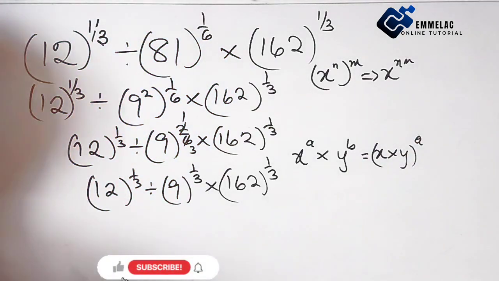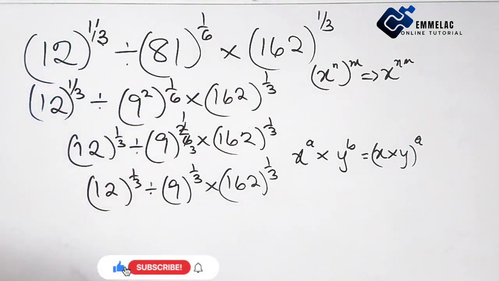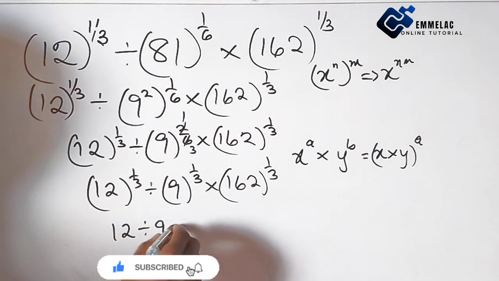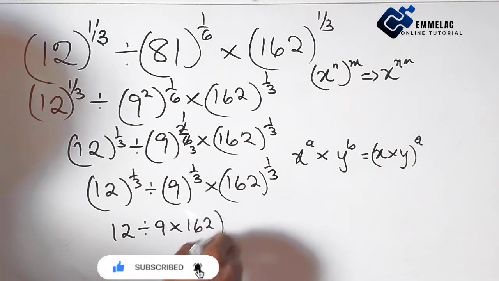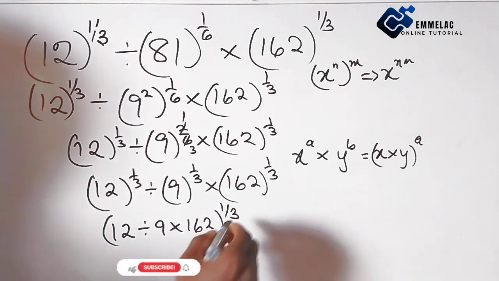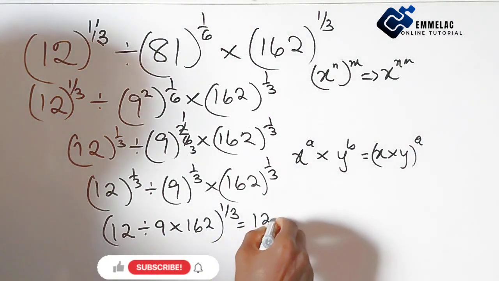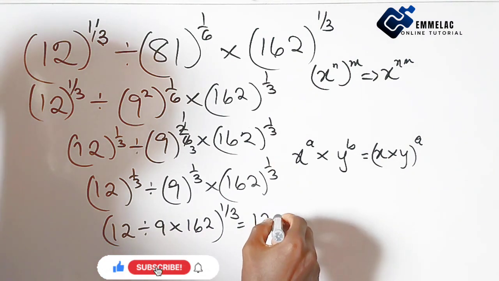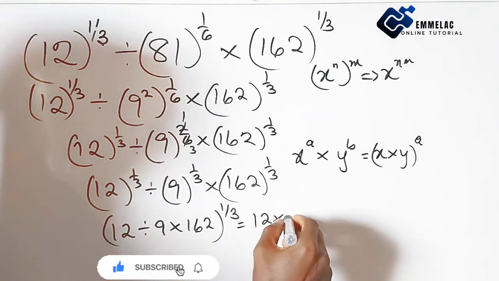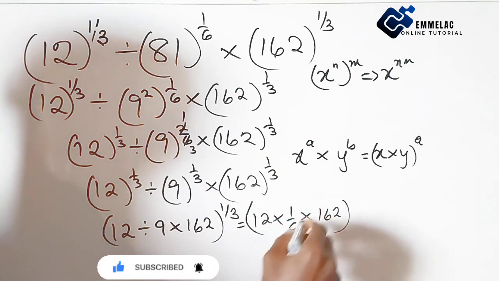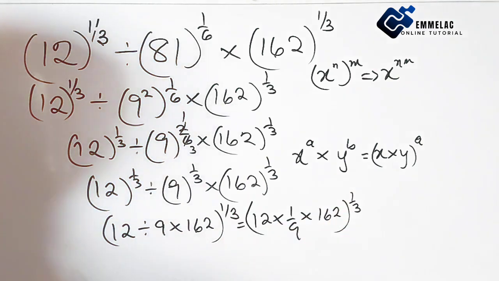A. If we follow this rule and implement it here, we have 12 divided by 9 times 162 all raised to the power of what? 1 over 3. Alright, moving further, we can say this is 12. Now changing this to the reciprocal of the multiplication, here you have 1 over 9 times 162 all raised to the power of 1 over 3.